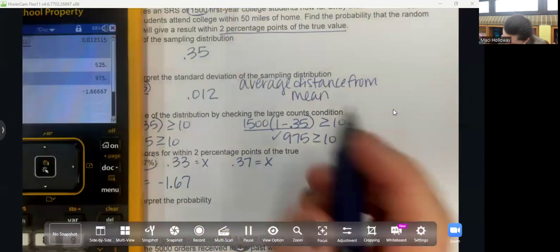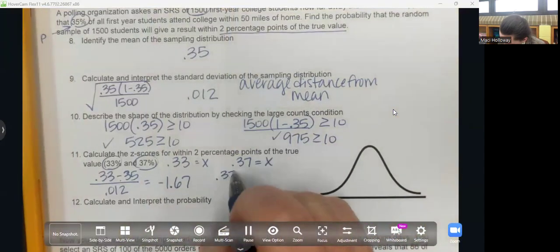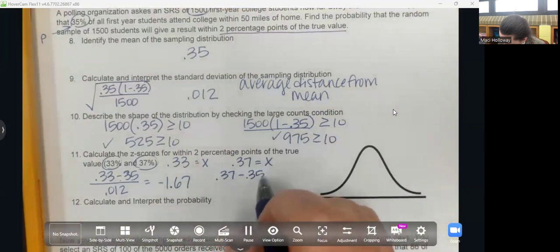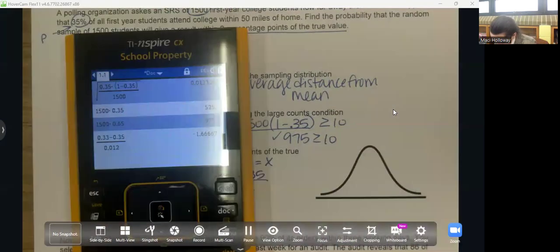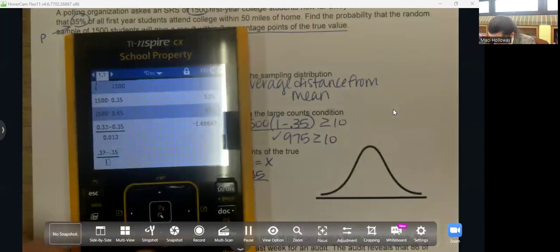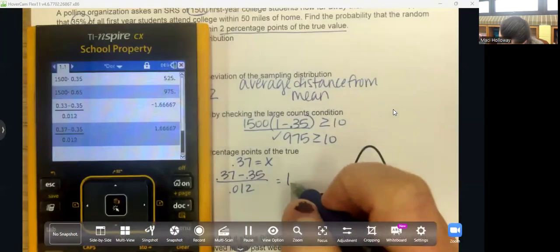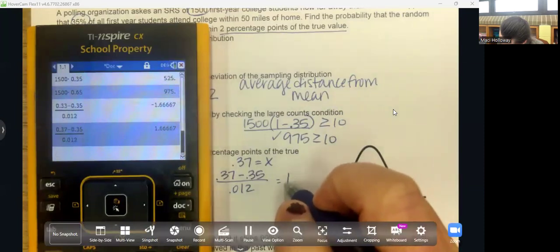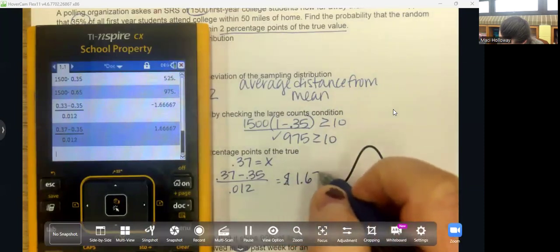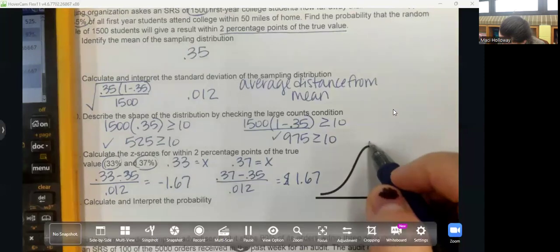All right, do our 0.37 minus 0.35, divided by 0.012. All right.